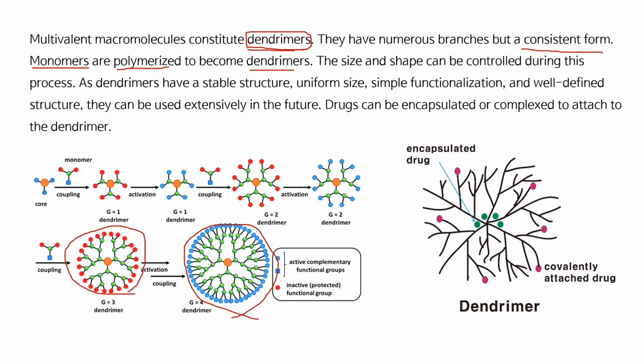The size and the shape can be controlled during this process. As dendrimers have a stable structure, uniform size, simple functionalization, and well-defined structure, they can be used extensively in the future. Drugs can be encapsulated or compressed to attach to the dendrimer.